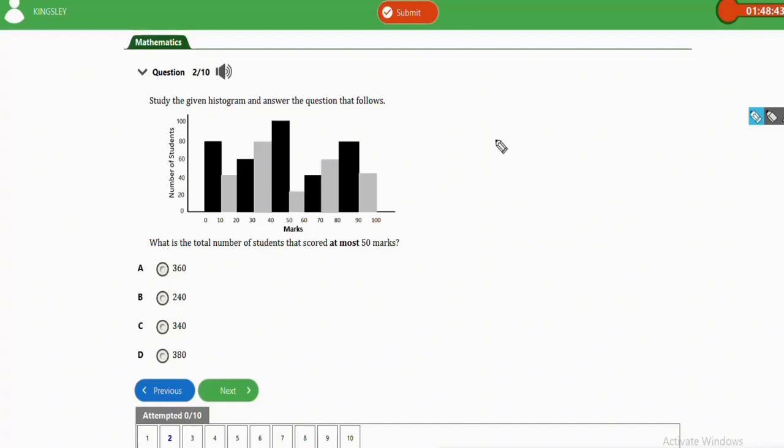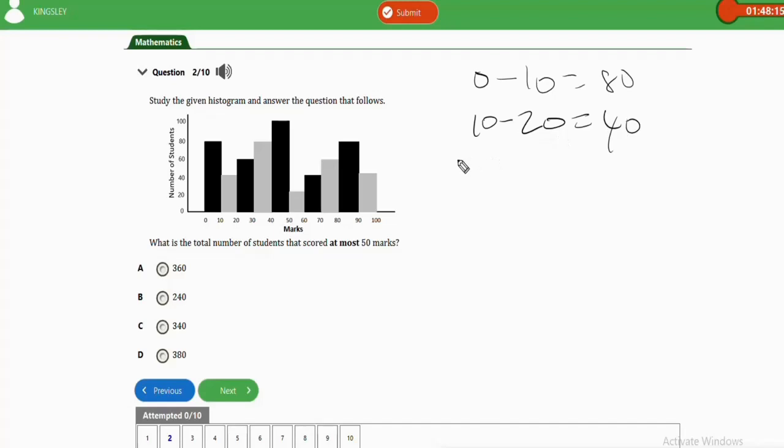Alright, so for those that scored 0 to 10, we have the mark to be the horizontal value, the number of students to be the vertical value. So 0 to 10 marks, we have it to be 80 students. Then we have 10 to 20, we have it to be 40 students.